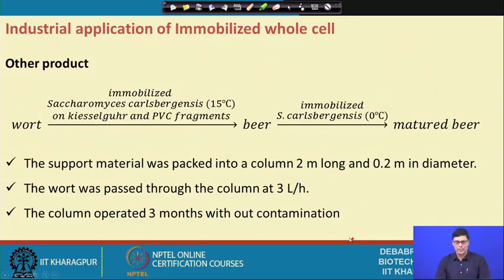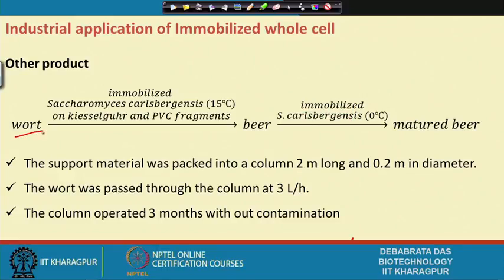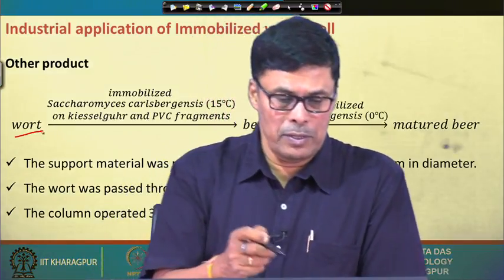Now, another industrial application is the beer industry. In the beer industry, we have the wort. What is the wort? Wort is the fermentation medium, and this uses Saccharomyces carlsbergensis.